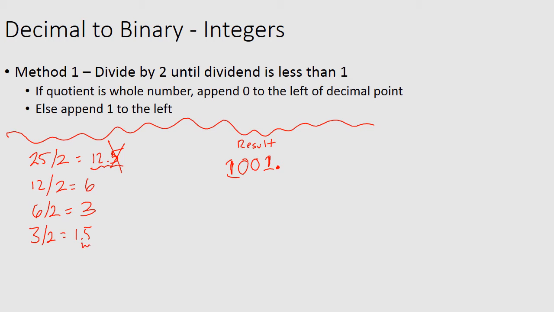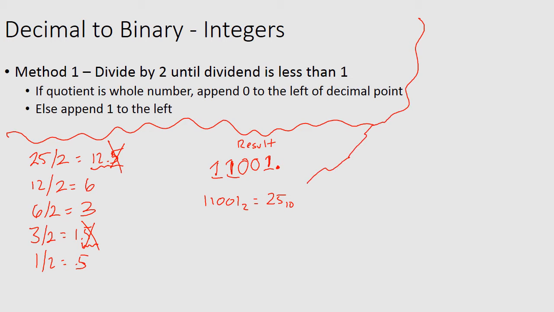And then again, we take the 1.5, we truncate the 0.5, we ignore it, and then we take the 1 divided by 2, which is 0.5, and because 0.5 is not a whole number, we are going to append 1 to the left of our previous number. And so our 11001 binary is equivalent to 25 in decimal.